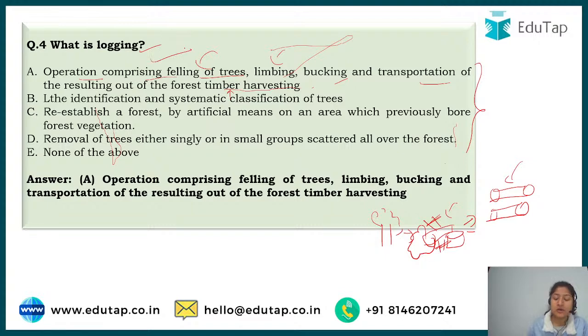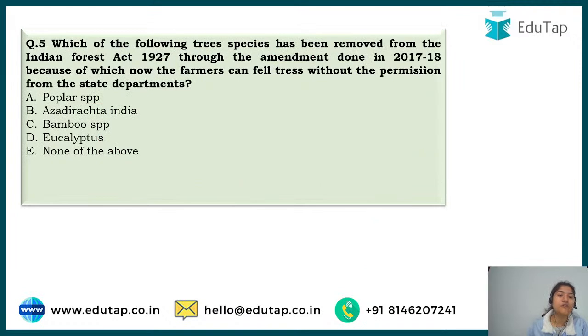Alright, now let's move to the last question of today. Which of the following tree species has been removed from the Indian Forest Act 1927 through the amendment done in 2017-18, because of which farmers can now fell trees without permission from the State Department? So what does it mean?